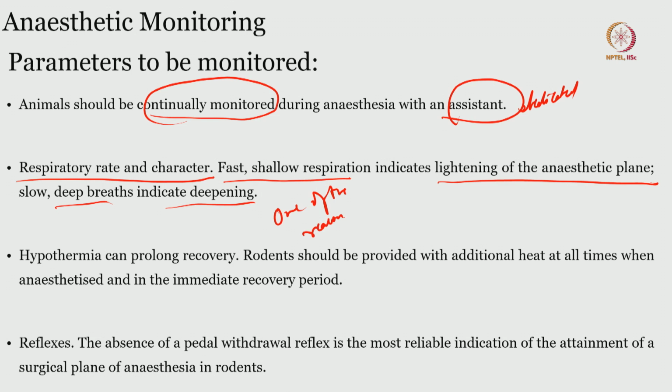All right. So, lightening of the anesthetic plane means that the rat is becoming more and more conscious. If you remember the plane of anesthesia that we discussed based on the minimal alveolar concentration, if your dial setting on the vaporizer is on the lower limit, the percentage of the anesthetic gas is also on the lower limit, and then the plane of anesthesia is going to be lower.